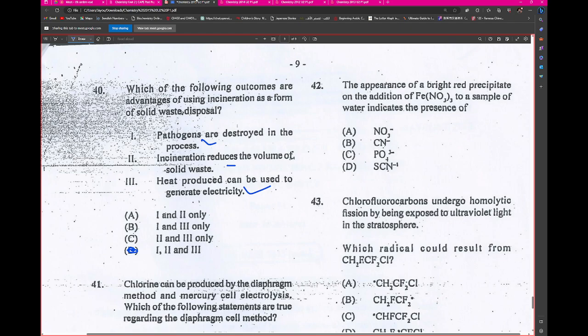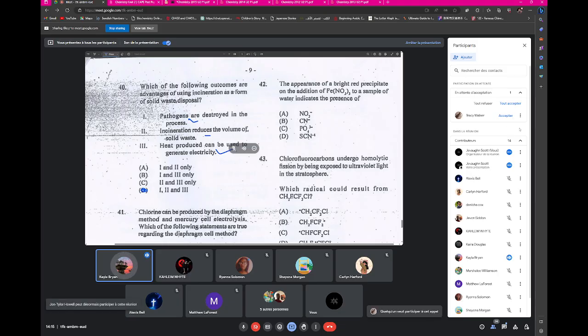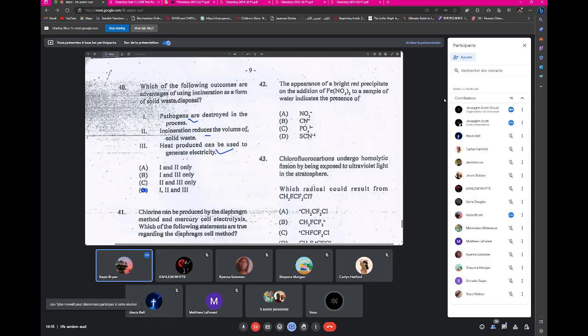Oh, so it's called the thiocyanate ions. It says when iron 3 nitrate is added to a solution sample containing thiocyanate ions, the formation of a bright red precipitate suggests a positive test for it. All right. So the thiocyanate, because we know that anything that contains sulfur is thio in nature.